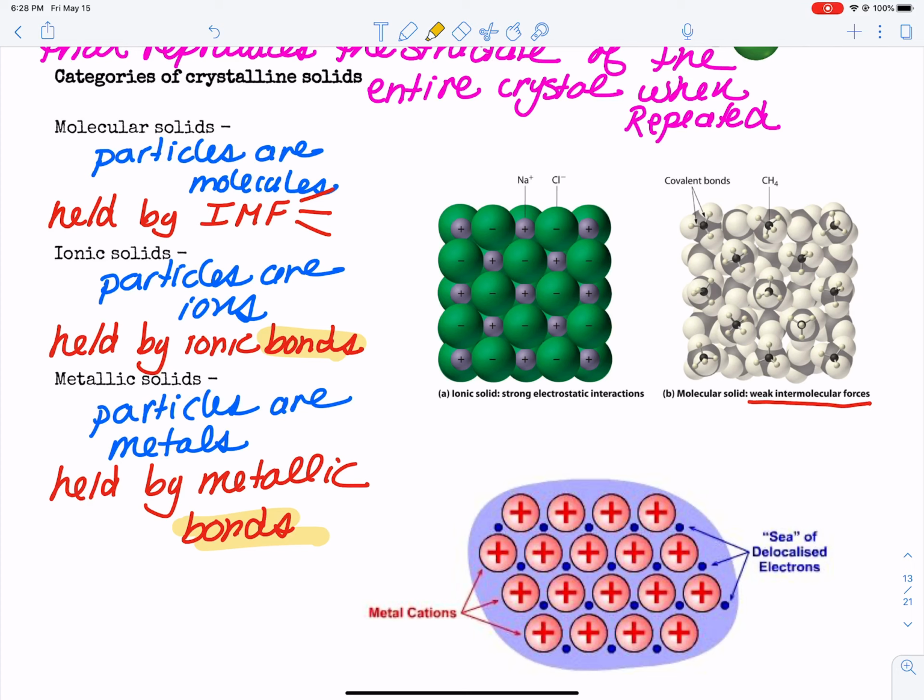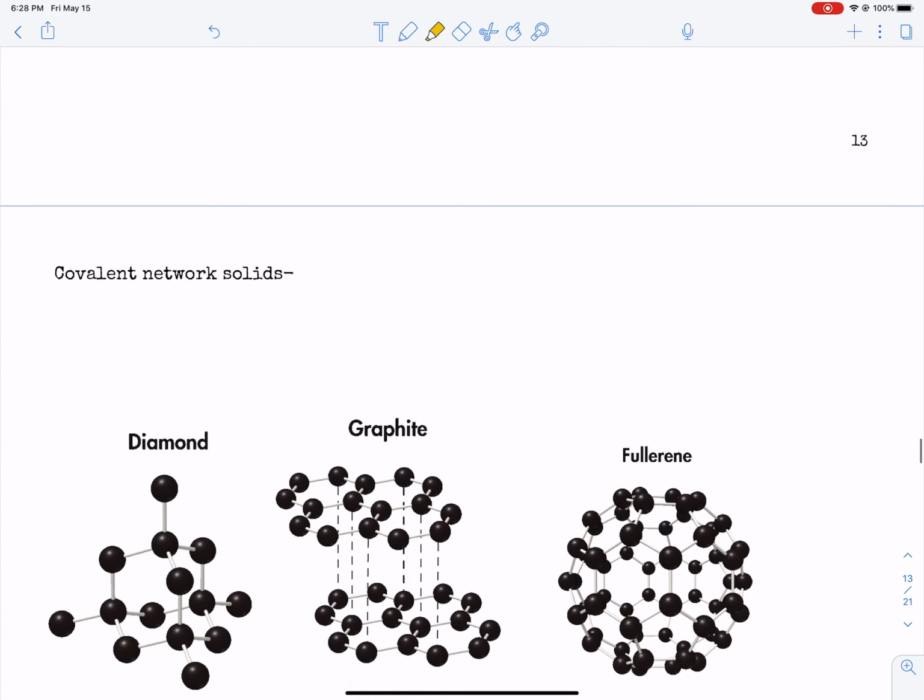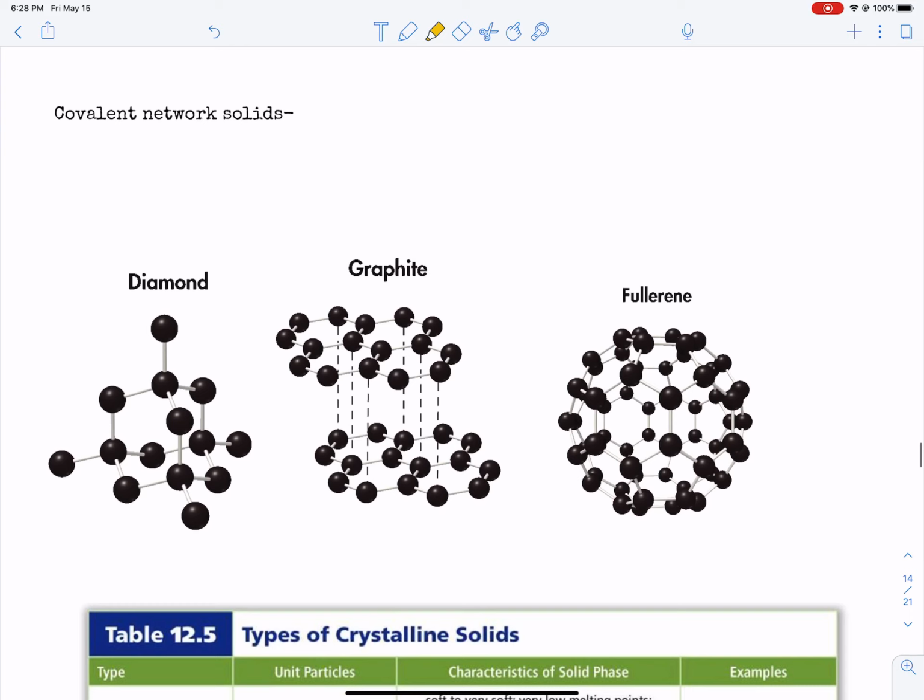There is sort of one exception, or another category of a crystalline solid that isn't molecular, ionic, or metallic, and those are covalent network solids. We've already talked about covalent network solids before when we discussed that covalent compounds generally have low melting points.